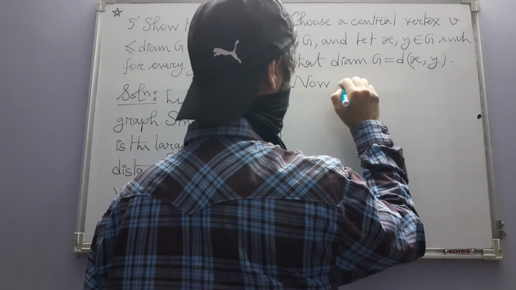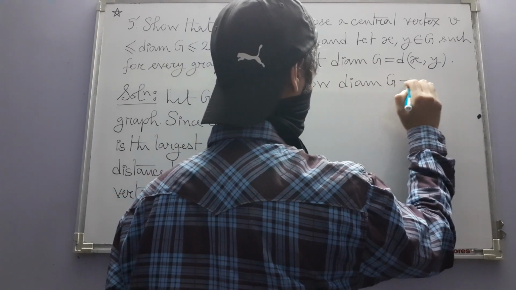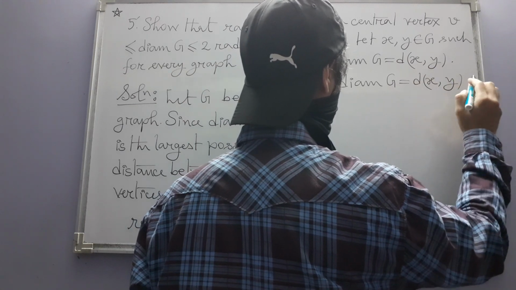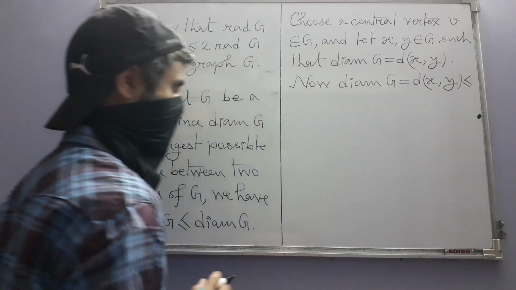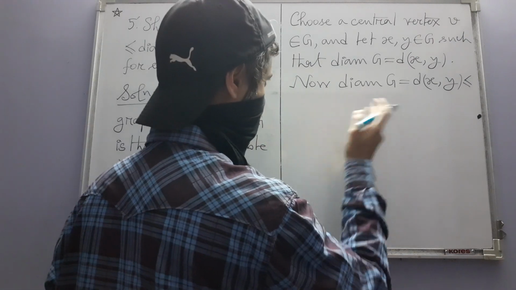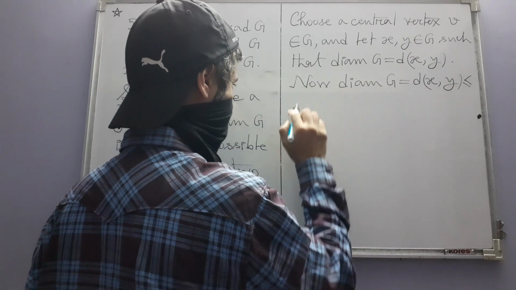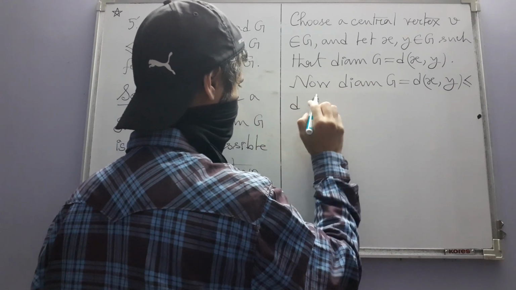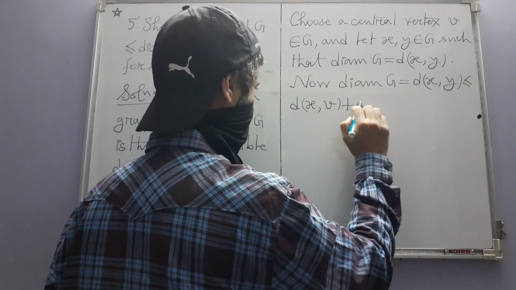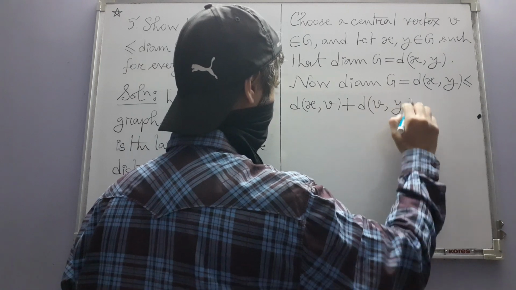Now, this occurs by the triangle inequality, since D after all is a metric on the set of vertices of the graph. We have this less than or equal to the distance between X and V plus the distance between V and Y.